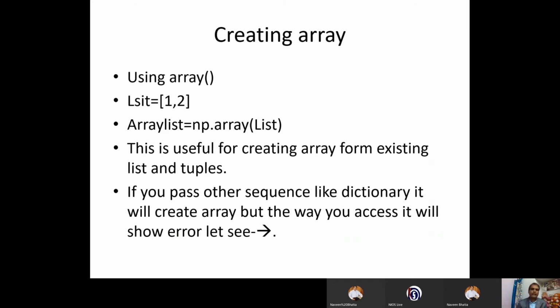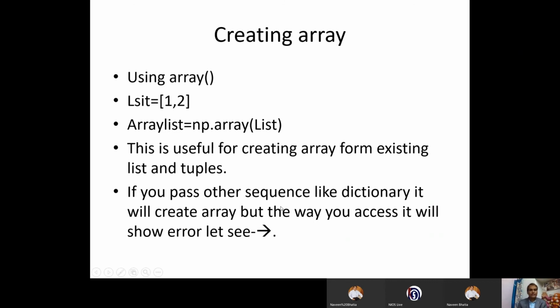So I have created a variable array list using np.array, and I have created the array from the following list. This is useful for creating an array from an existing list or tuple. You see, I am always using a list. You can use a tuple also. You can use a dictionary also, but if you use a dictionary, we will get some problem. We will see in the next slide itself.